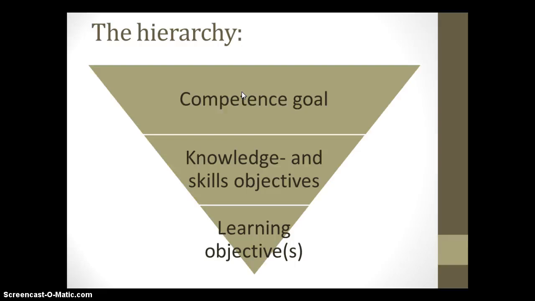Each competence area for each stage the learners are at has an overall competence goal, and if you look into that, there are stages in there where there are certain knowledge and skills objectives, and finally we have the learning objectives that you decide. What do you want your students specifically to learn in this little teaching sequence or in this teaching course?